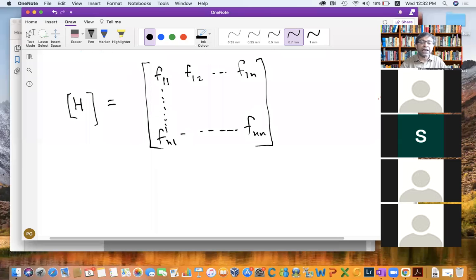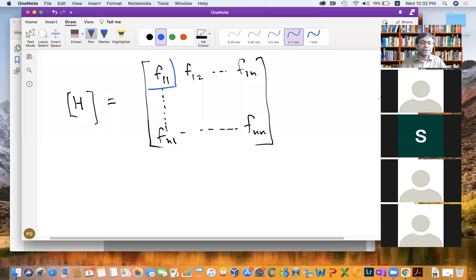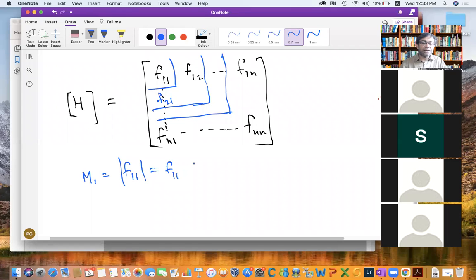Now, what that means is that you have all the principal minors of this matrix, right? So there's a submatrix, which is this. Then there's a second submatrix, which is the 2 by 2 thing. Then there's a third submatrix. The determinants of these are the principal minors, right? So principal minor 1, which is f11, has to be negative.